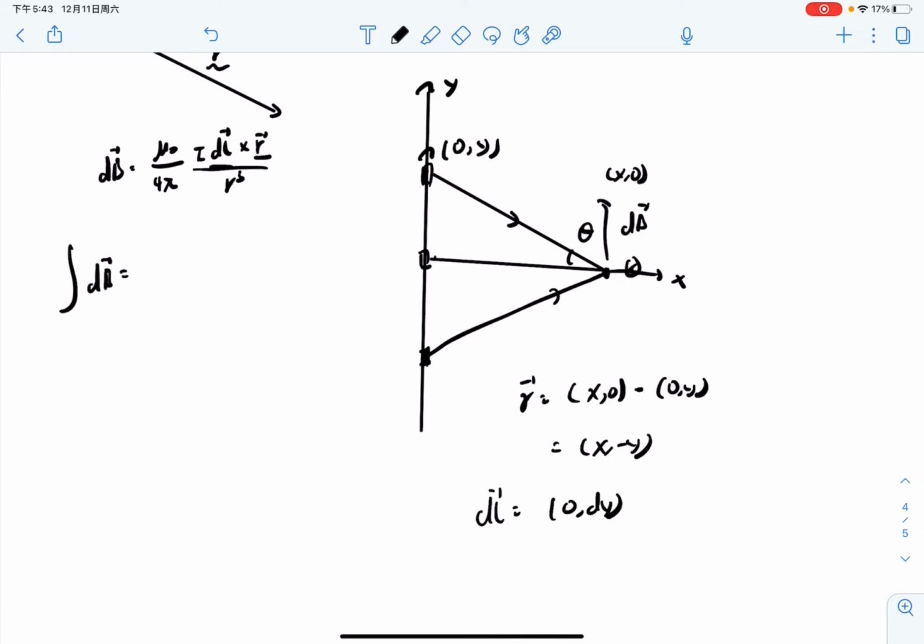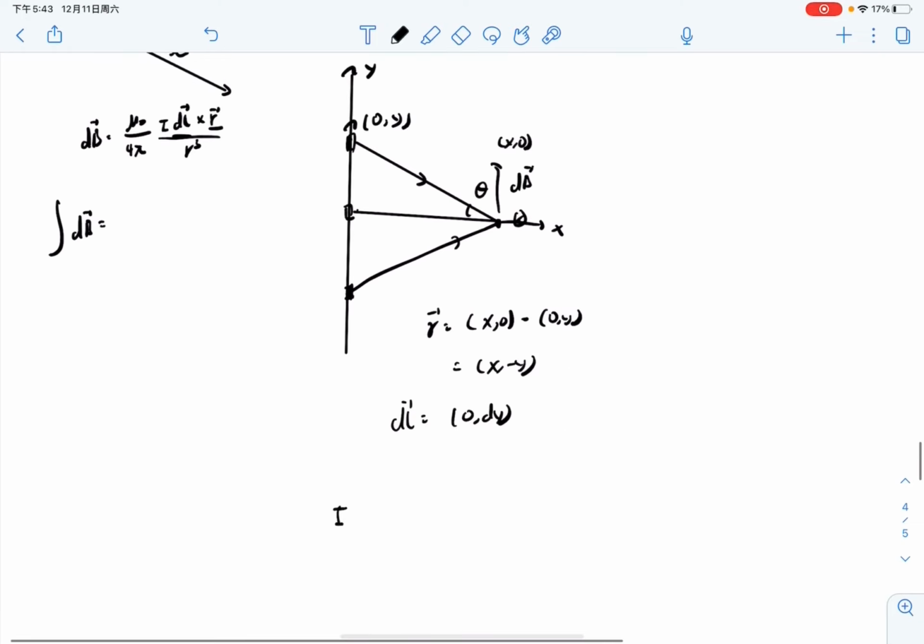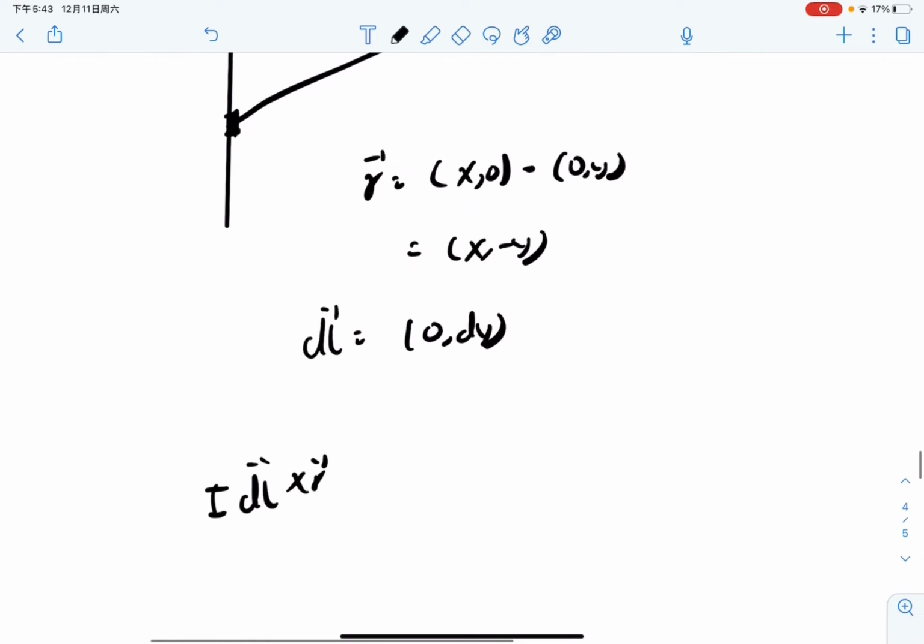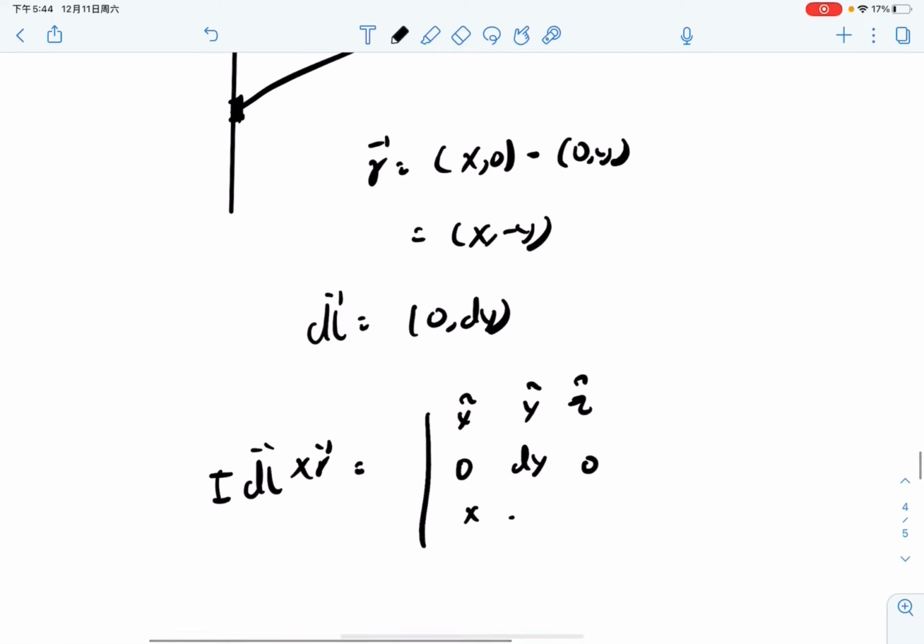And now we have I dl cross r is equal to the cross product of 0, dy, 0 with x, negative y, 0.